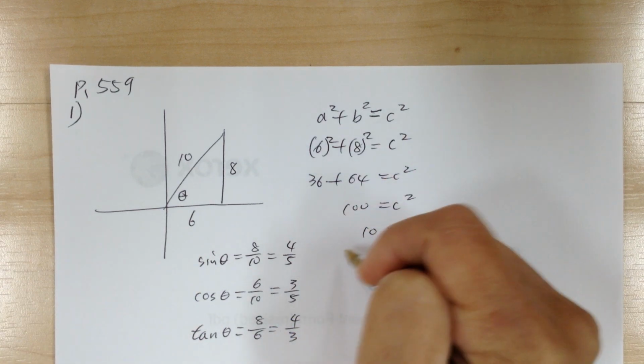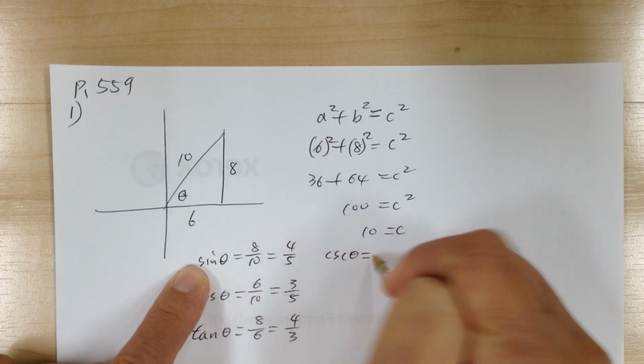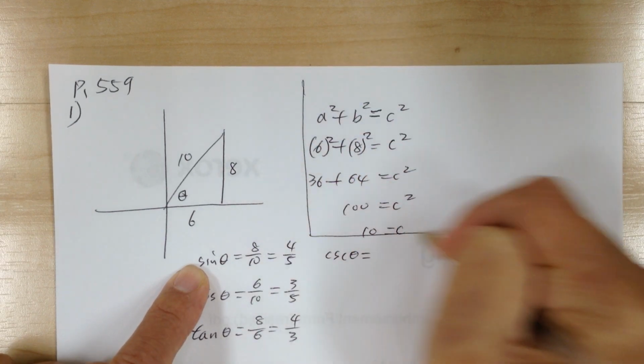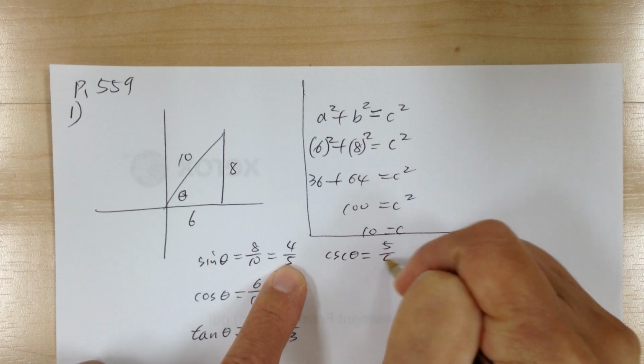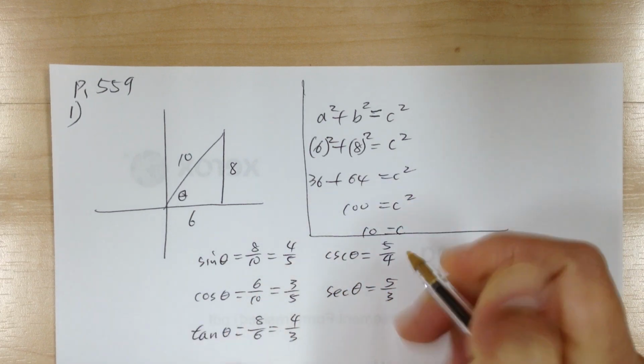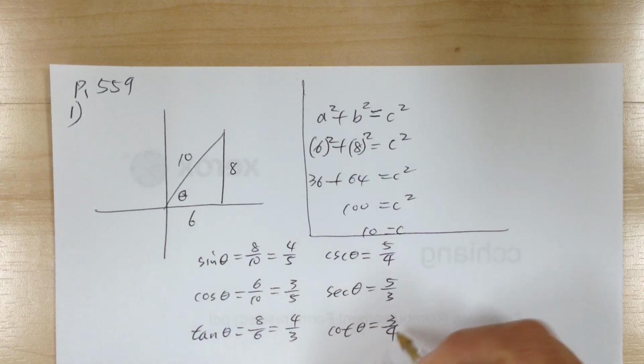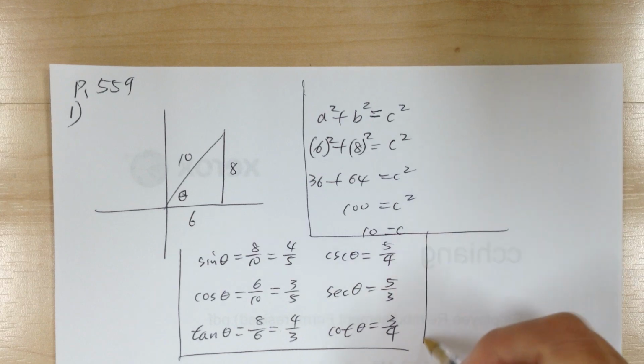Once you find the 3, then you can find the other 3. So sine goes with cosecant. So cosecant would be just the reciprocal, 5 over 4, and secant would be 5 over 3, and cotangent would be 3 over 4. Okay, so those are your answers.